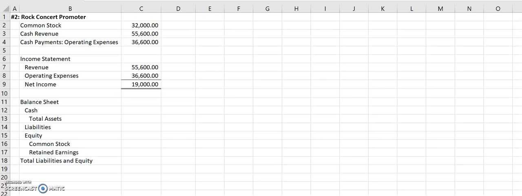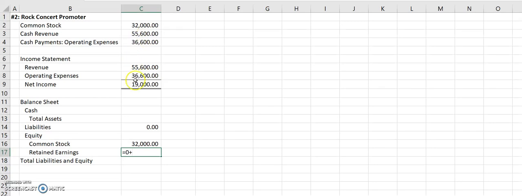Okay, so then when it comes to putting together the balance sheet, we can take a few different approaches to this. Again, no right or wrong way to go about it necessarily. The approach that I would take is I'd come back to cash because I know that there's no liabilities. I know that the common stock is the shares that we sold this year, the 32,000. Because this is a first-year company, I know that the retained earnings it started the year with was nothing.